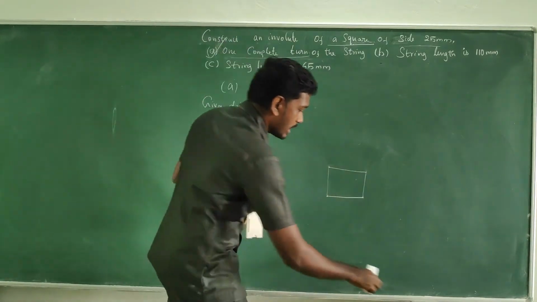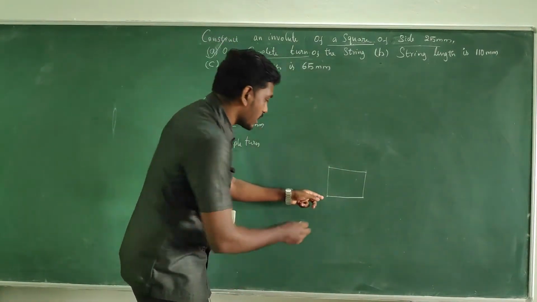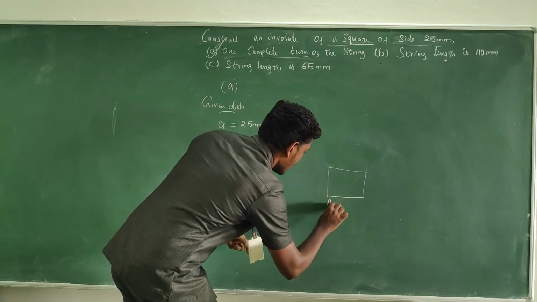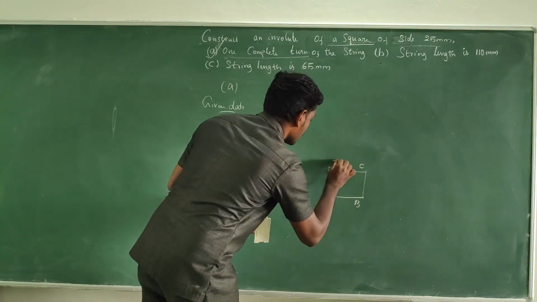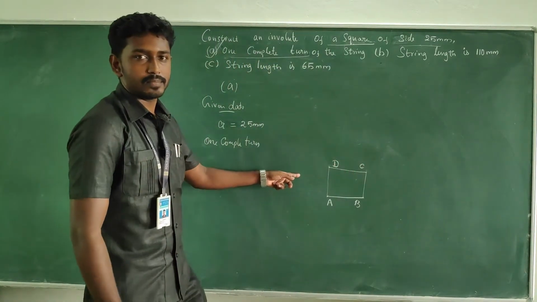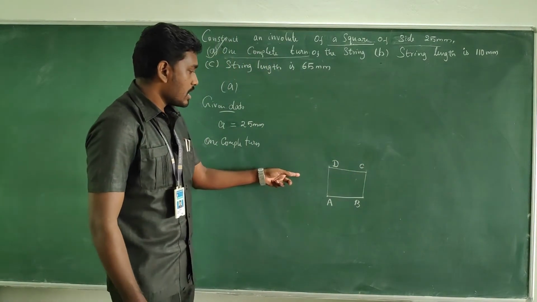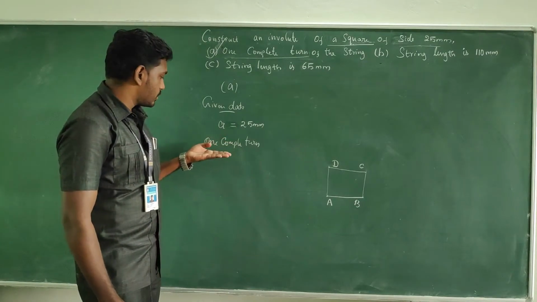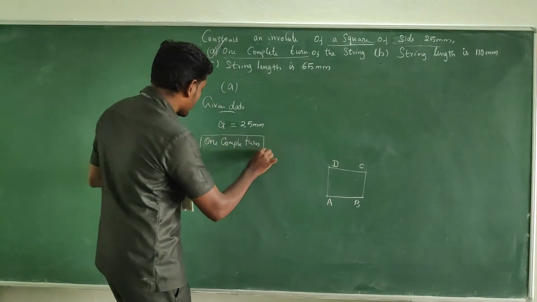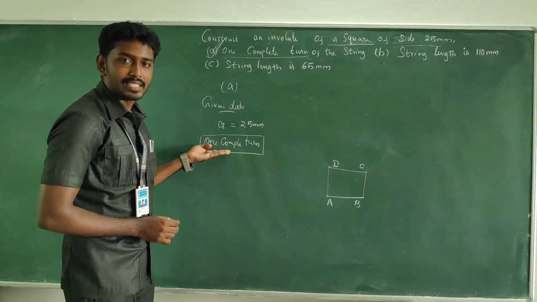After forming it, give names for the corners. This is A, this is B, this is C, and this is D.